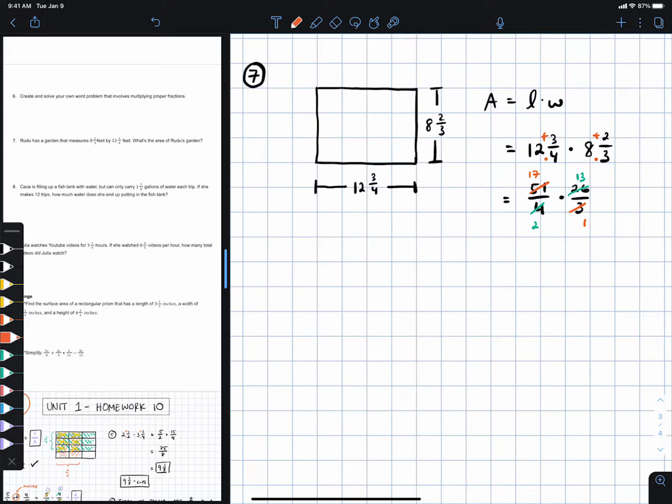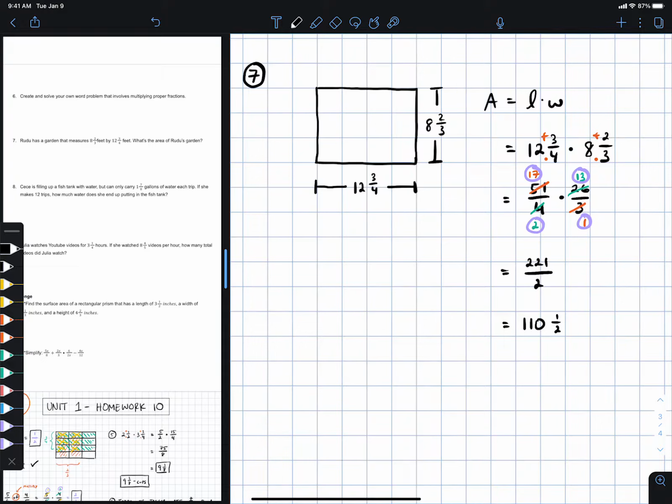So not the best, not the worst. We could cross-cancel a little bit here. On top, what are we left with here? We have 17 times 13, and on bottom we have 2 times 1. So 17 times 13, I think, is 221, and 2 times 1 is 2. And so this should be 110 and a half.